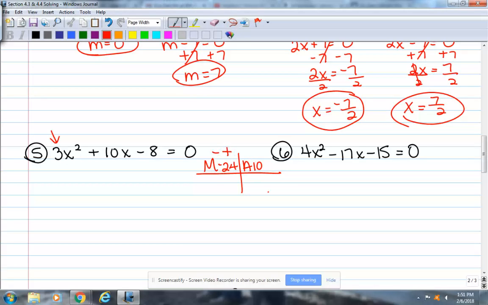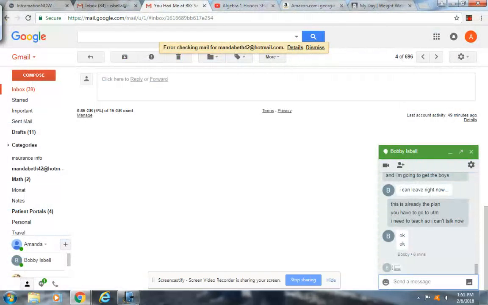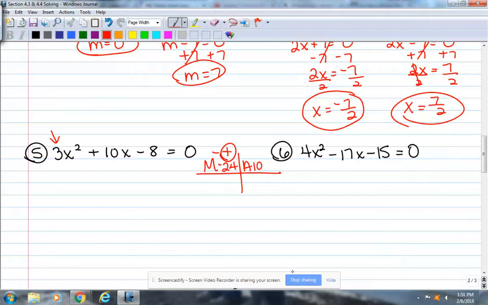And if it adds to be a positive 10, then the bigger one will be positive. Take a second and see if you can figure it out. What'd you say? 12 and 2? Yeah, 12 and 2. And the bigger one needs to be positive, right? So negative 2, positive 12.